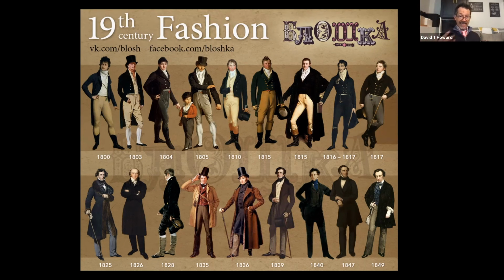And then the takeover of trousers, where trousers will be basically what we'll wear for the rest of the 19th century into the 20th century. And we're going to see them taper, then get full, then taper, then full, then taper. And really, it's how these things fit on the body that changes.